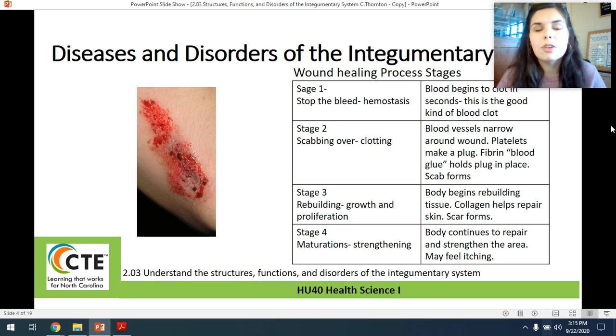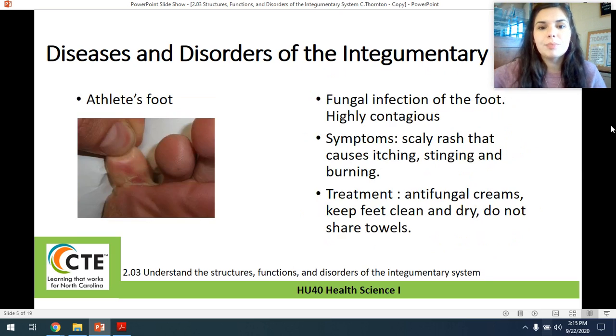And this is where the body starts to begin rebuilding that tissue, and collagen helps to repair the skin, and then you have a scar that forms, again, depending on how severe the wound was. And stage 4 would be maturation or strengthening, and this is where the body just continues to repair and strengthen that area, and this is when you might start to feel some itchiness occur around the injured site.